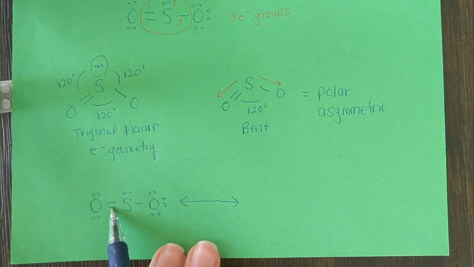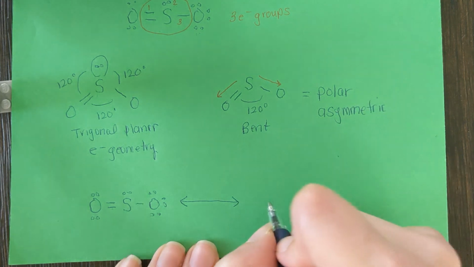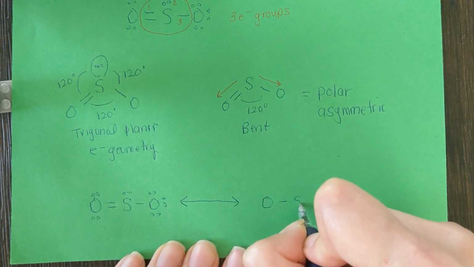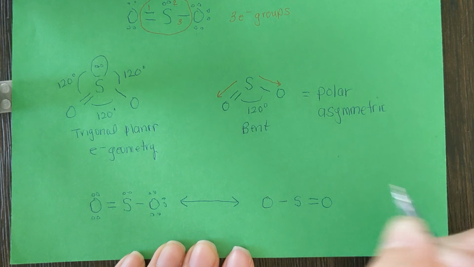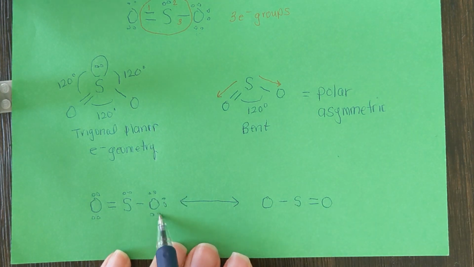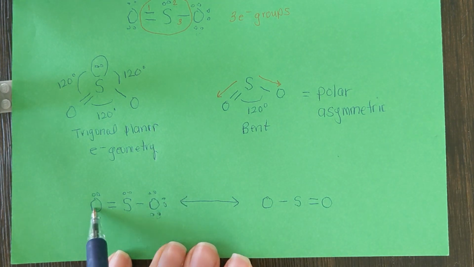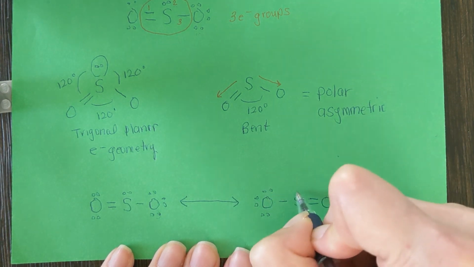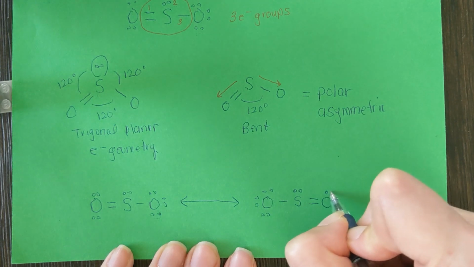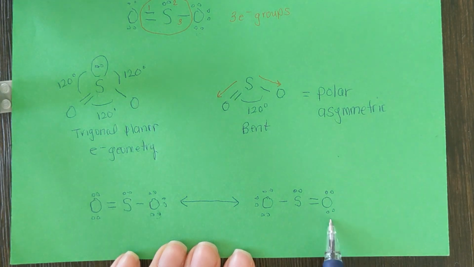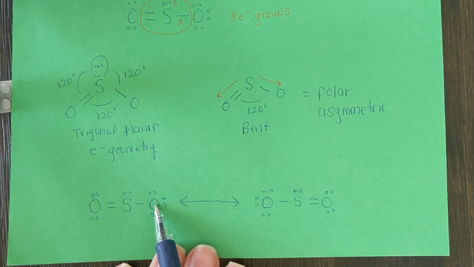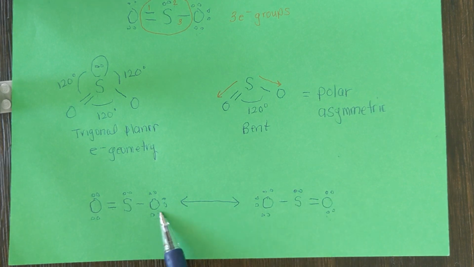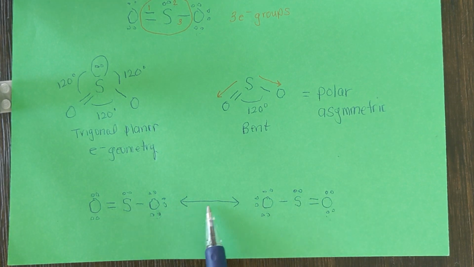So for this resonance structure, I'm going to swing this double bond over. So now I'm going to have a single bond on this side and the double bond is now on this side. When I do that, one of the lone pairs also has to swing over. So now we have 3 lone pairs on this one. That lone pair on sulfur stays, and we get the 2 lone pairs now on our double bond. So this and this are both Lewis structures that would represent SO2, and so we call these resonance structures.